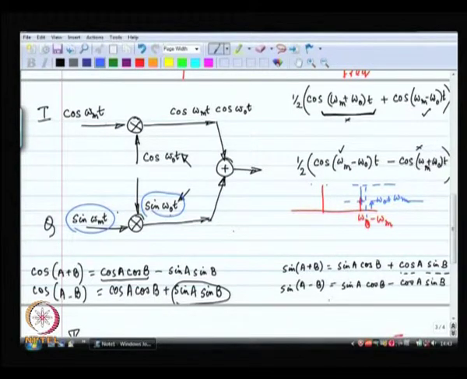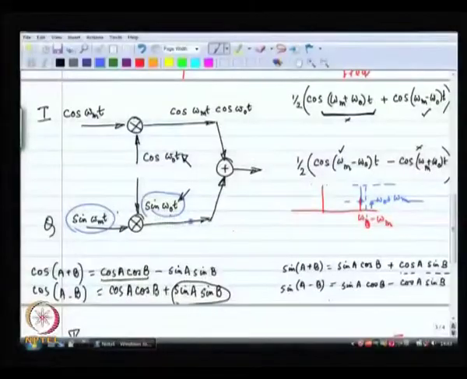Okay. The next thing is that both of these two mixers that you have made have to be identical mixers. They have to have the same gain, the same conversion loss, right, the same characteristics.